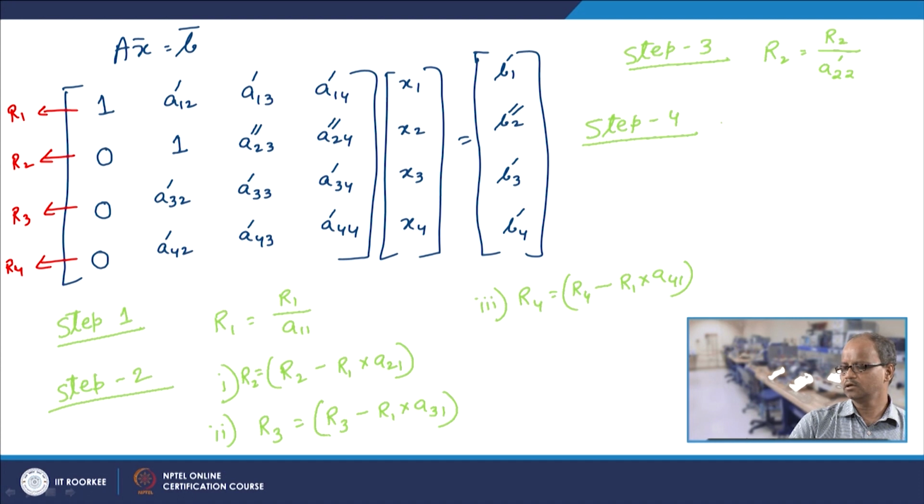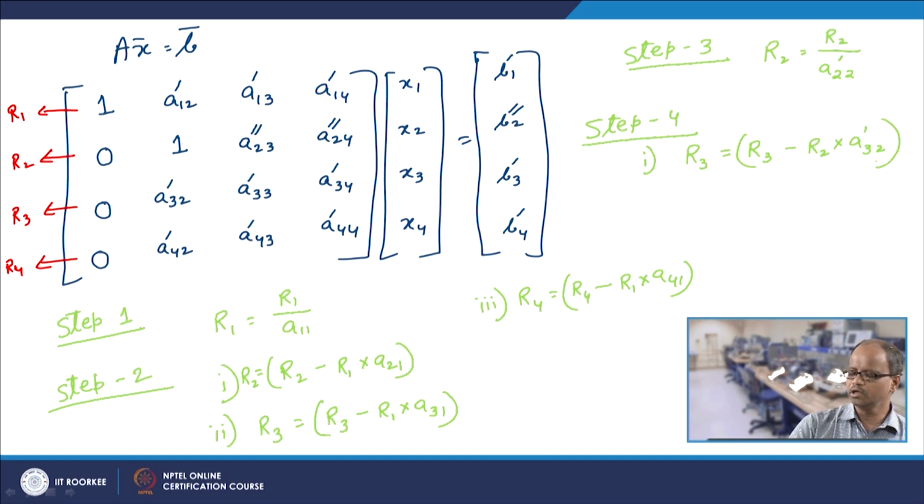In step 1 we do that. Now we would be working with R3. So, R3 is equal to R3 minus R2 into A32 dash.